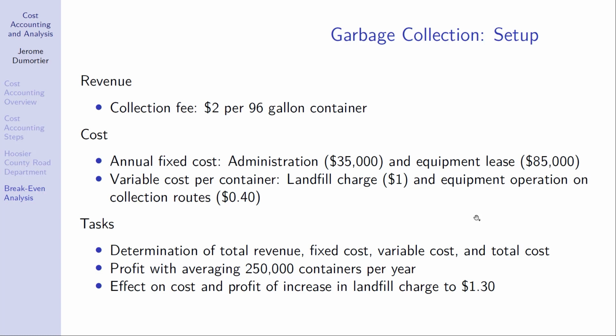But then we also have a variable cost per container collected, and that is $1 for the landfill charge, that means dumping the garbage, and also 40 cents for the equipment operation. Now the question is to determine how the total revenue, fixed cost and variable cost vary with the containers.